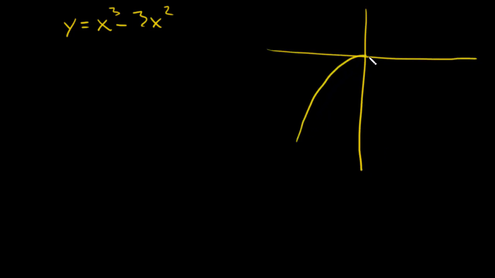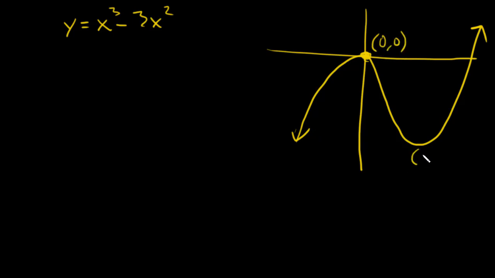I will quickly graph it. I had something that came up and then went down and then went around like that. And we had these 2 points located at (0, 0) and (2, -4). Okay, that's just a quick rehash.